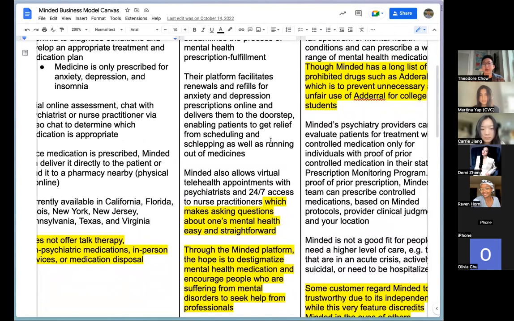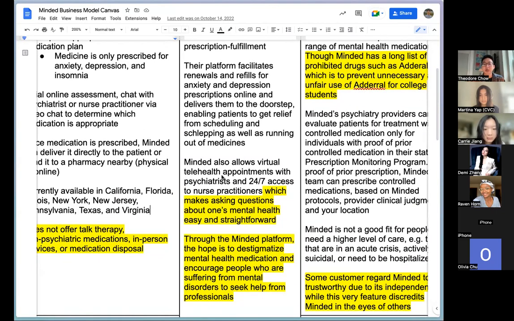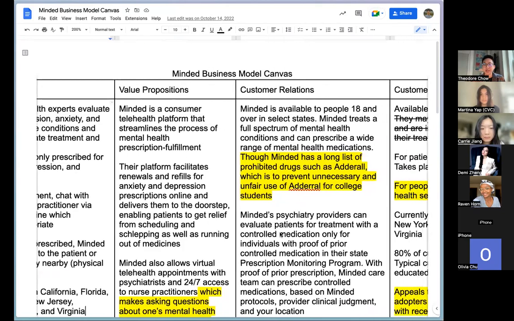So basically, it means you will not run out of medicine with the service because they'll ship it directly to your doorstep. It allows for virtual telehealth appointments with psychiatrists and nurse practitioners. It's easy to ask questions and makes mental health easy and straightforward. And it's their goal to destigmatize mental health medication and encourage people who are suffering from mental disorders to seek help from professionals. Pretty easy, straightforward business model.